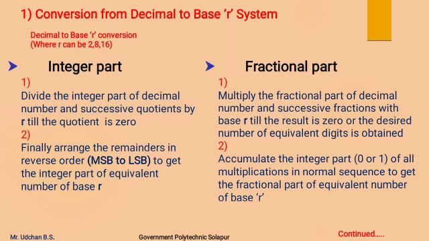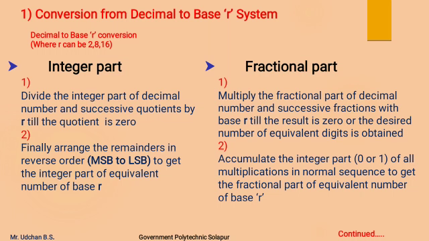a required base successively till the quotient becomes 0, or in other words we can say we will divide the decimal number till the dividend becomes less than the divisor.